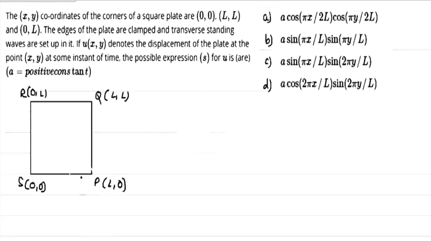Now if we see all the lines, what are the equations of the lines, or up to where x and y would vary?